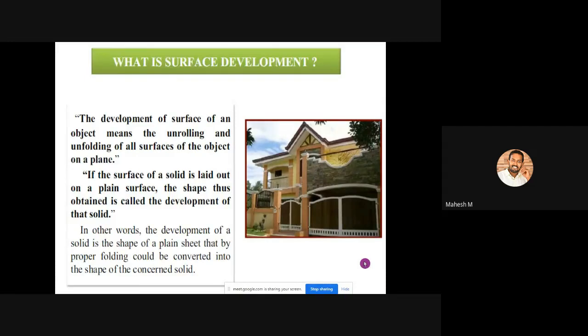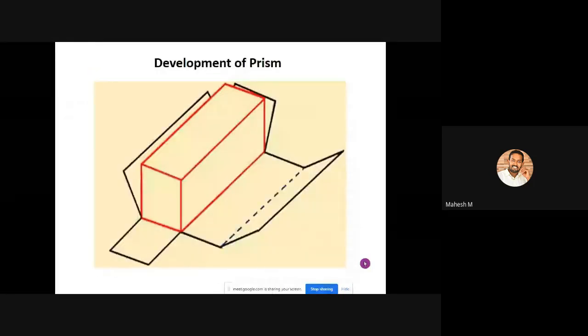So 5 triangular faces and 1 pentagonal surface. Okay, so similar to that, each and every solid will have a different number of surfaces. So we are going to develop the particular surfaces. Okay, so that is the meaning of this unit.